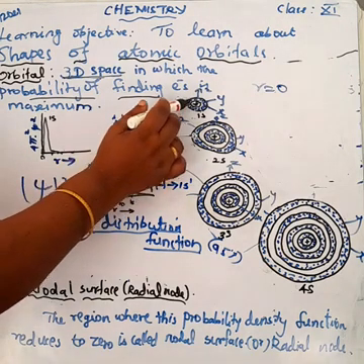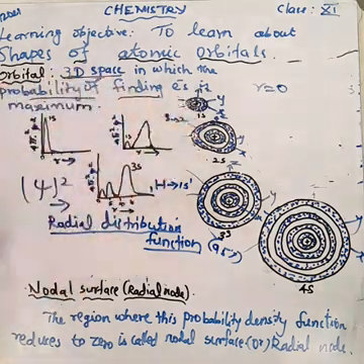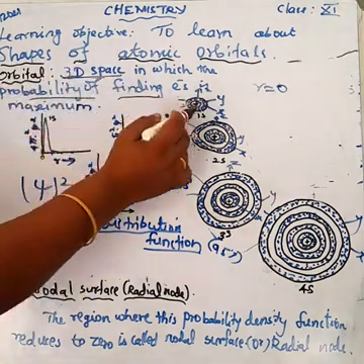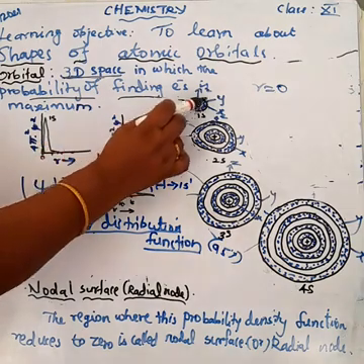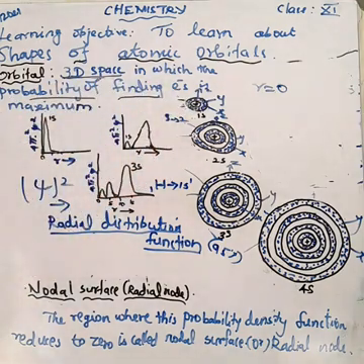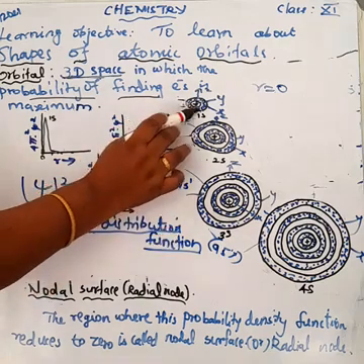Here, all of these are the maximum probability of finding the electron. Here there may be an electron, here also, here also. I only mention maximum probability in dots. For the 1s orbital of the hydrogen atom, only 1 electron is there.